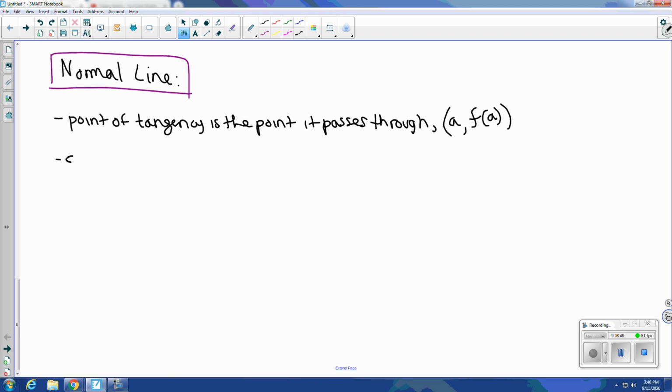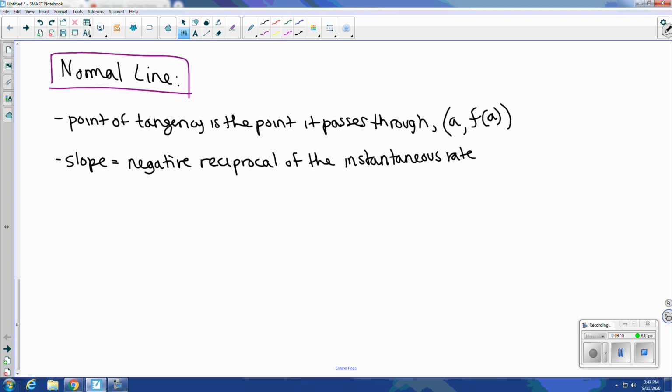And then for the slope, because it runs perpendicular to the tangent, if the tangent is the instantaneous rate of change, to find a perpendicular slope, you're going to take the negative reciprocal of that. So we take the negative reciprocal of the instantaneous rate of change at x equals a.